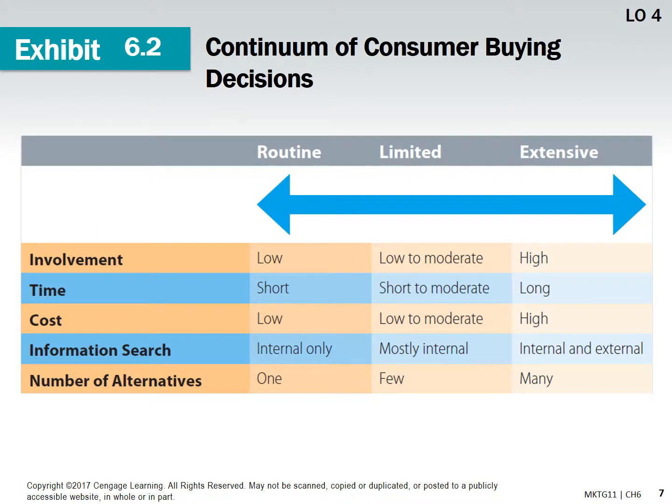The level of consumer involvement is perhaps the most significant determinant in classifying buying decisions. Involvement is the amount of time and effort a buyer invests in the search, evaluation, and decision processes of consumer behavior. Frequently purchased, low-cost goods and services are generally associated with routine response behavior.